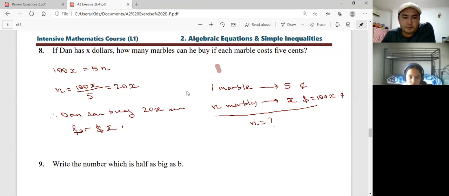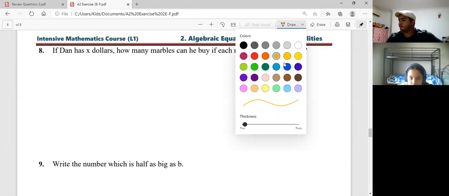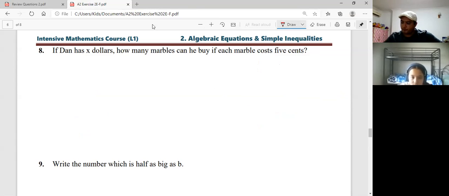Shahina, because here it's all about rate problems, one marble costs 5 cents. If you have X dollars, how many marbles can you buy? Always write like this and cross multiply so that you don't get confused. Can you do it again like this, starting from the top, from the left-hand side? So here, one marble.